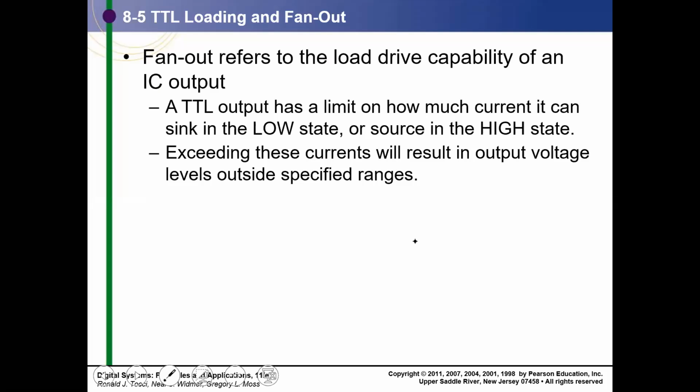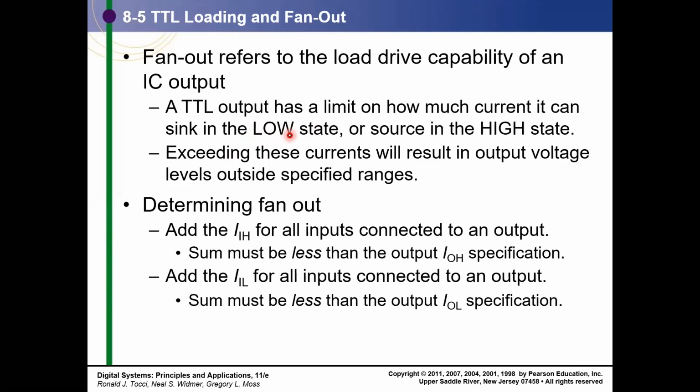So if you try to exceed the current, for example, it is driving a low state, and you connect many devices which want to sink more than this capability, what will it result in? It will not be able to sink all the current, and the voltage level will not be the desired value. So you get an undesired value of output.